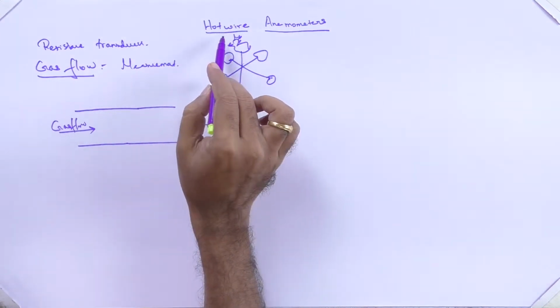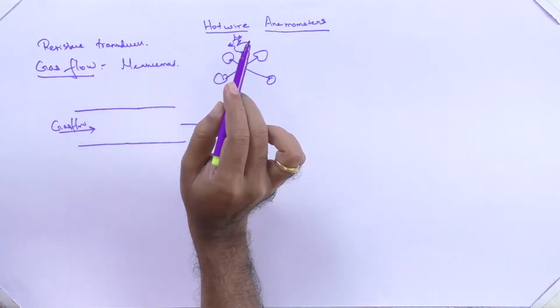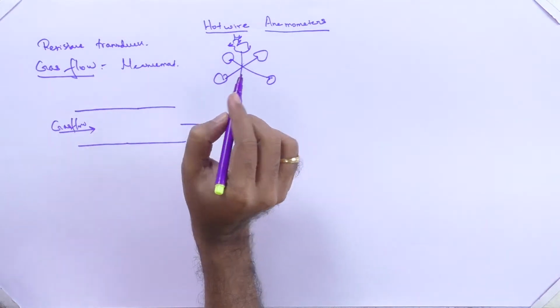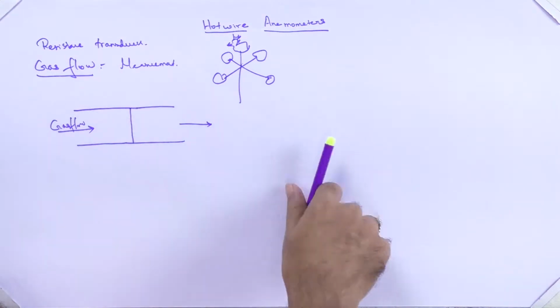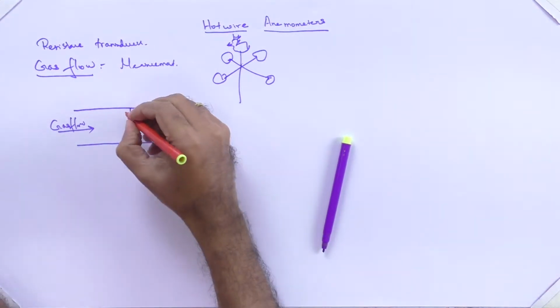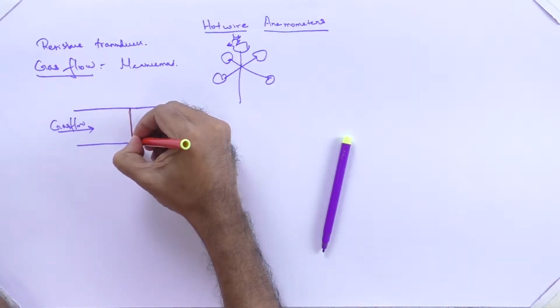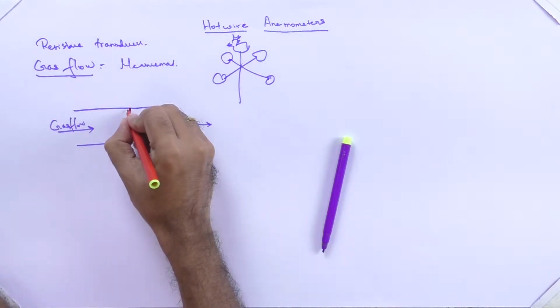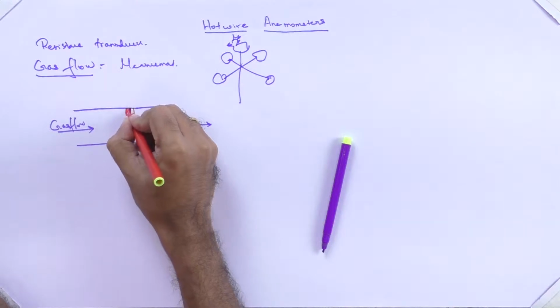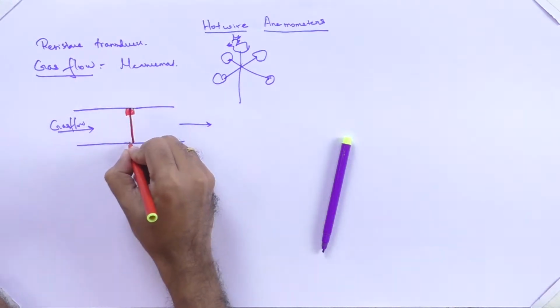As the name indicates, there is going to be a hot wire placed across the direction of flow. So this is the hot wire that we are going to place in between.